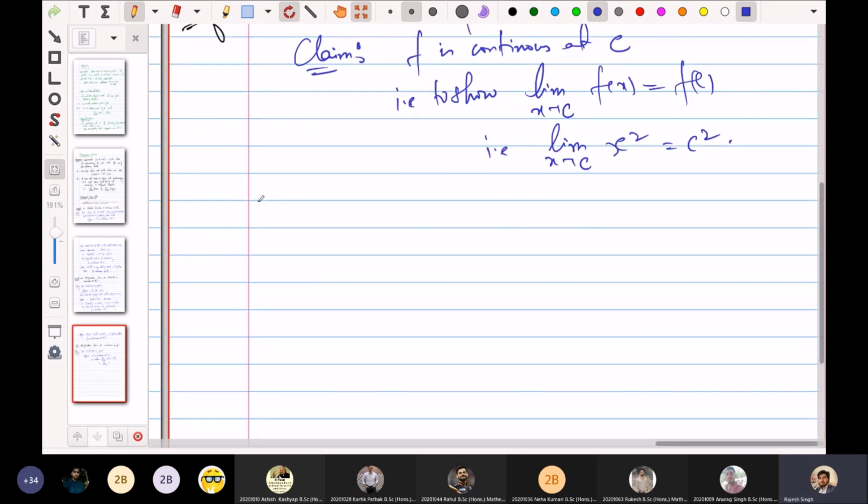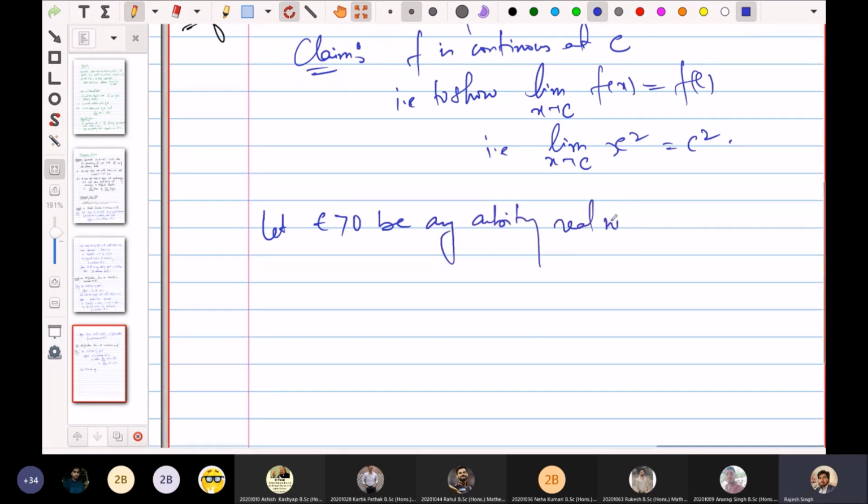So if we want to prove by epsilon delta definition, we have to start with any arbitrary epsilon. So we let epsilon greater than 0 be an arbitrary real number. Now we have to find some delta.